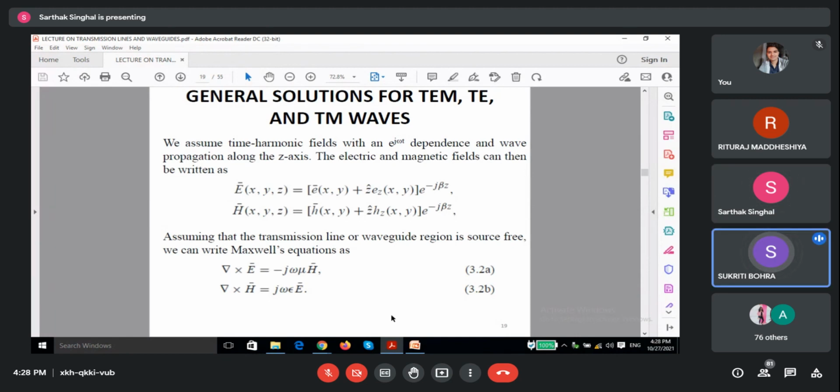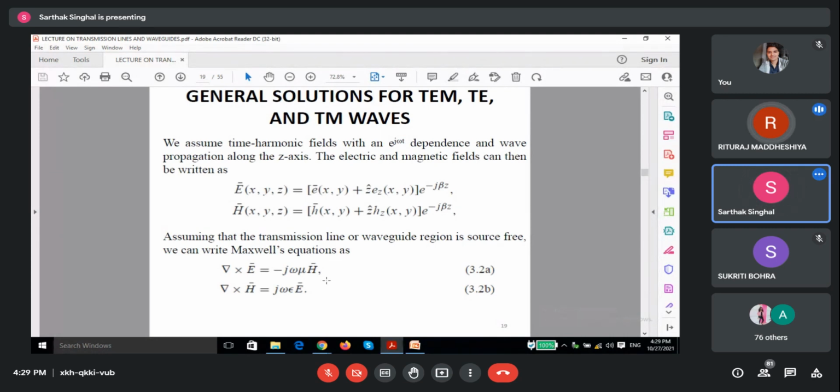Del dot B equal to 0 and del dot D equal to 0. Because del dot D is rho V, and since there is no source or charge, the charge density will be zero. So both those equations get terminated, and only these two equations will be left.